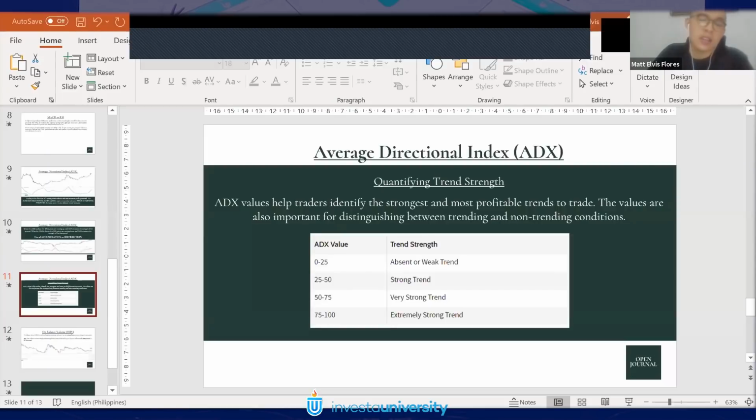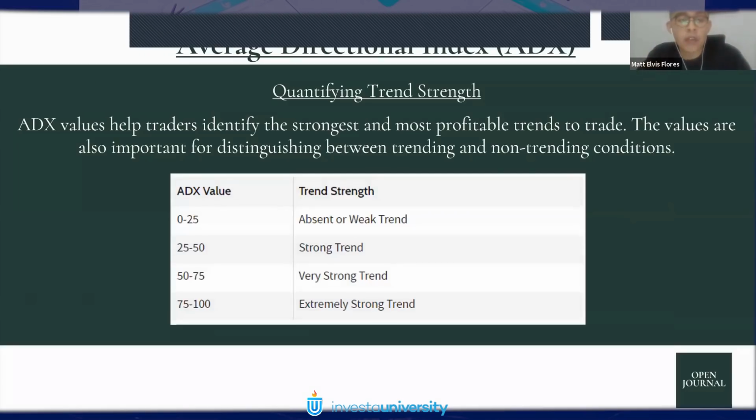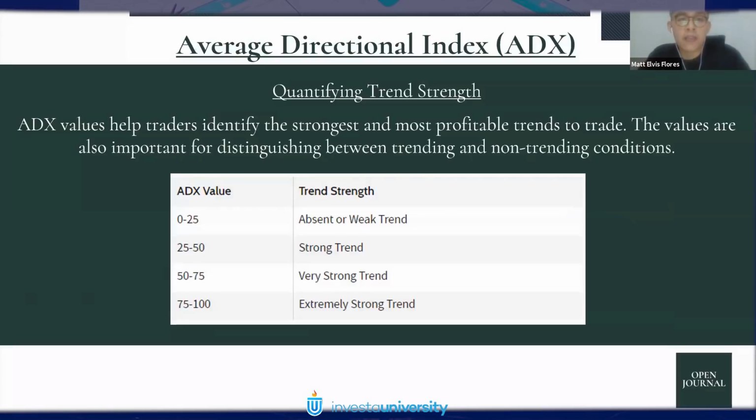So again, that's the use of, let me share my screen. That's how you quantify your average directional index or ADX to identify how weak, how strong is the trend. Very important to note na if you have multiple watch lists, just focus doon sa mas malakas na trend.